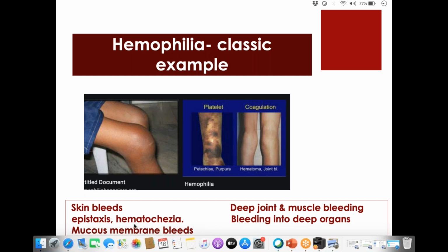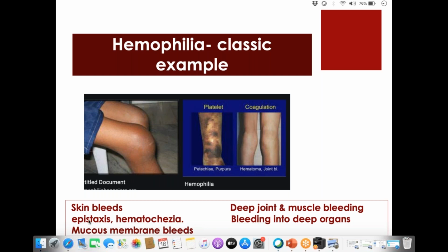So between a bleeding disorder and a clotting disorder, hemophilia is because of a clotting factor deficiency. That could be factor 8, could be factor 9. Factor 9 is autosomal recessive. Factor 8 is X-linked recessive, right?